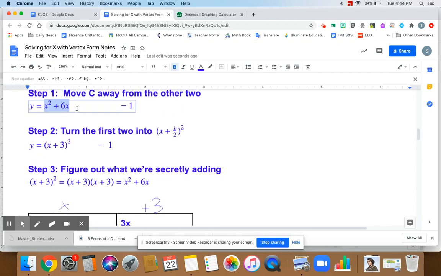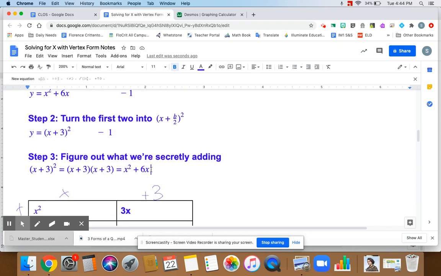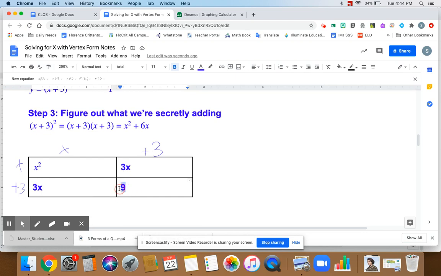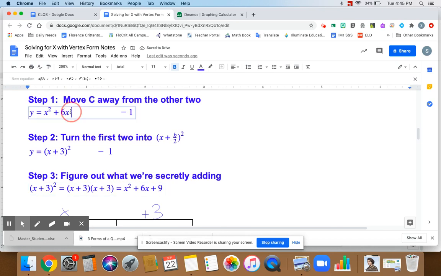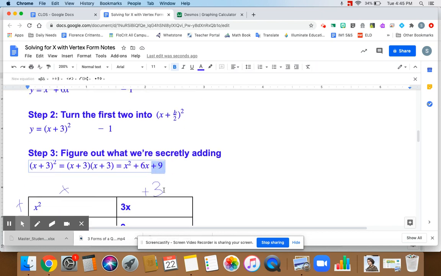However, turning this into this one isn't only this because it has this 9 here. So by turning this into this one, it's almost the same thing, because once I multiply it out and distribute it out, I get the x squared plus the 6x. However, I also get this plus 9.